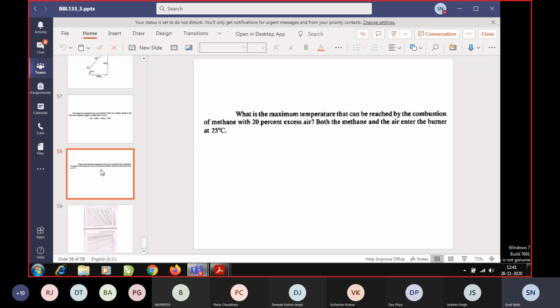So the answer for this question is 1765 degrees Celsius. You can just check with the graph that you have, work it out so that you get some practice.